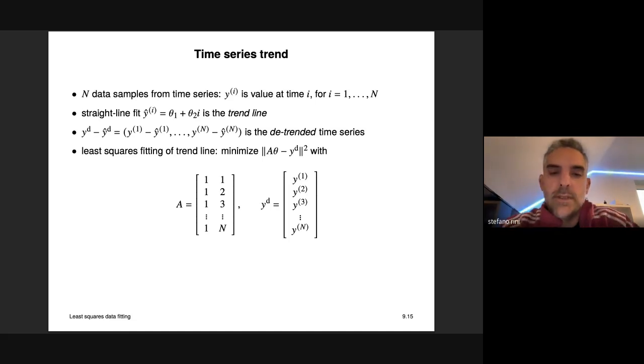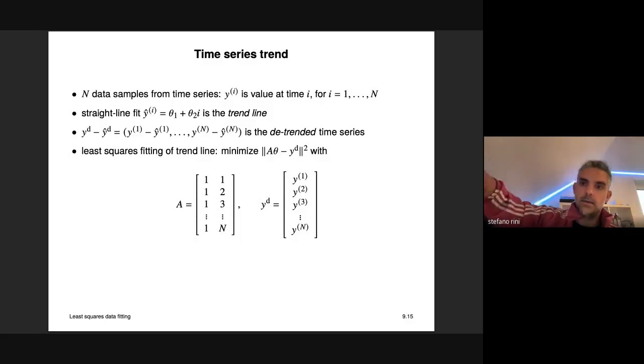The residuals have this nice formulation, where you have yi minus y hat i, which is called the detrended time series.